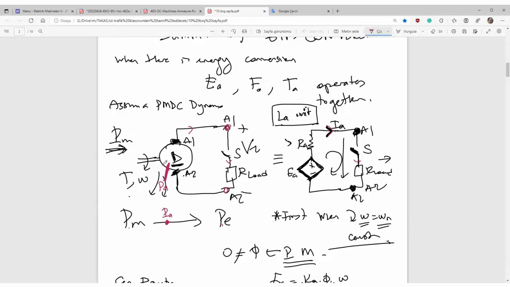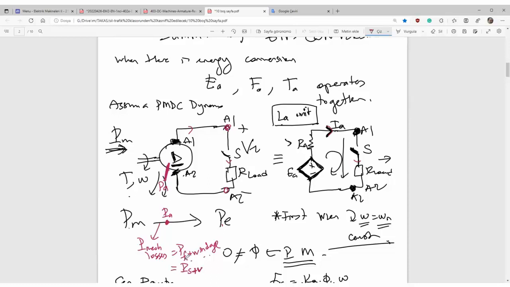But before conversion, there will be some losses. Let's say mechanical losses in terms of friction and windage. Frictional losses and windage losses we call simply in Turkish S plus V, sürtünme ventilasyon. Please do not forget.